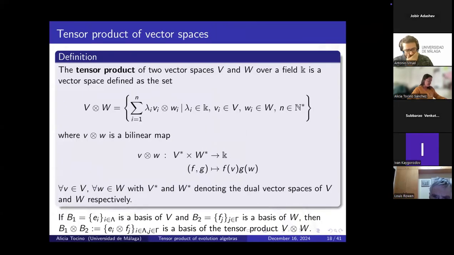Okay, some generalities of the tensor product of vector spaces. We define the tensor product as follows.